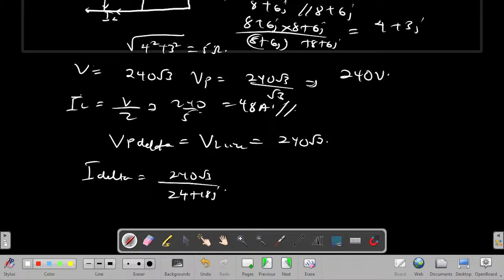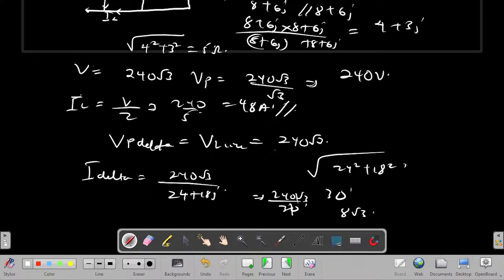So you have 24 squared plus 18 squared. What's the answer? That will give us 30, right? Therefore, my answer is going to be 240 root 3 over 30. You cancel, we get 8 root 3. What's the answer for 8 root 3?